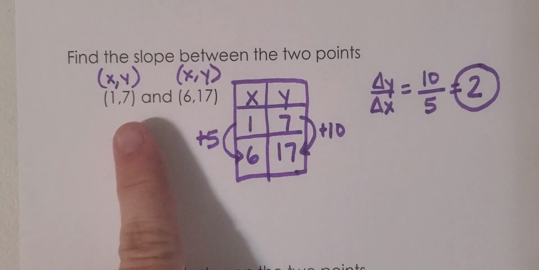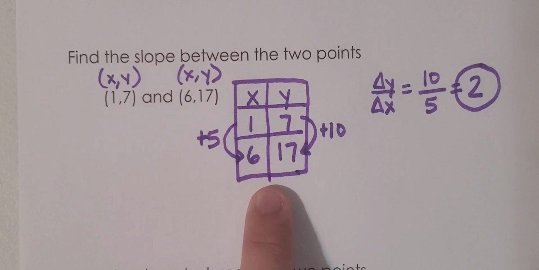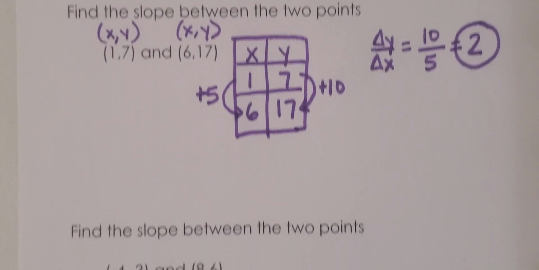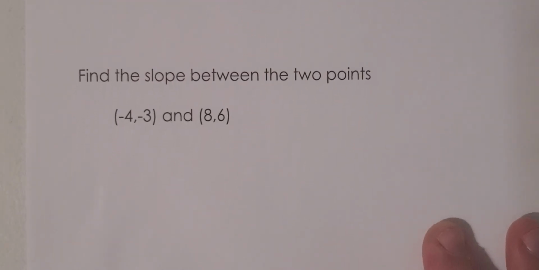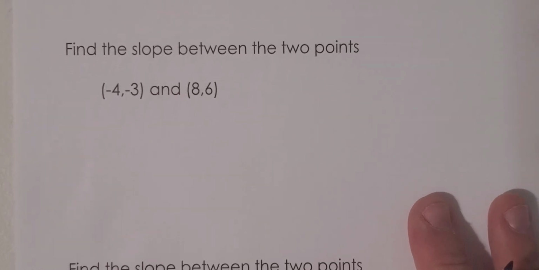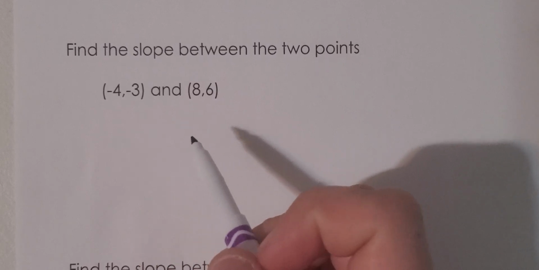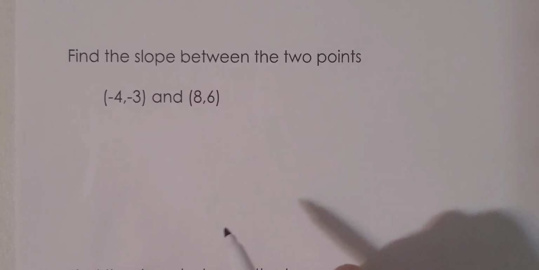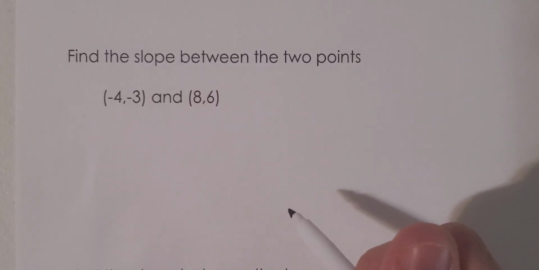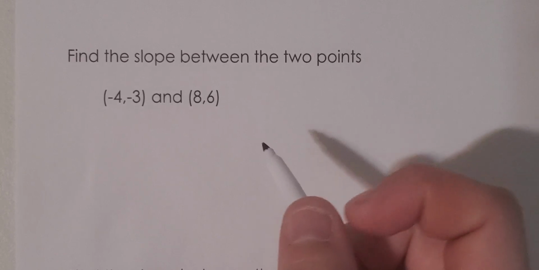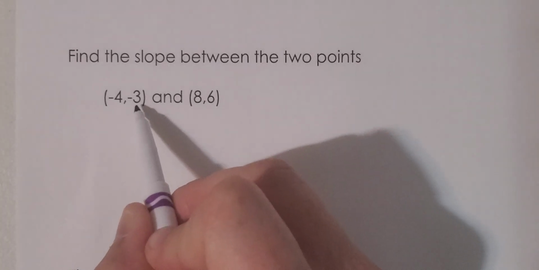So whenever you have just 2 plain points, you can always write it in a table if you want to. I'm going to show you another option with this second example. So when I have 2 points like this, again, my foolproof way is always to put it in a table, or we know that we can take our y values.